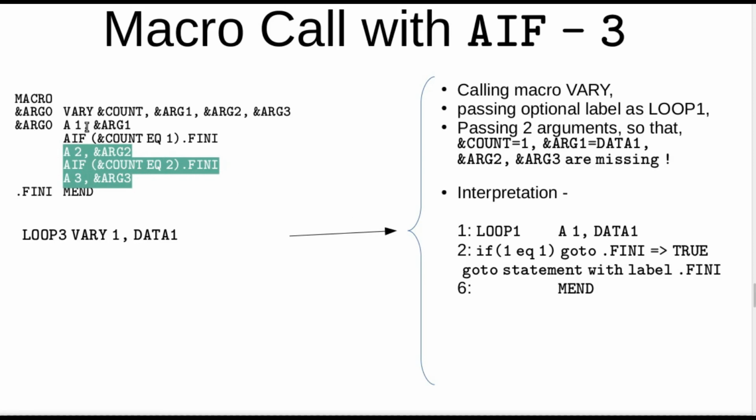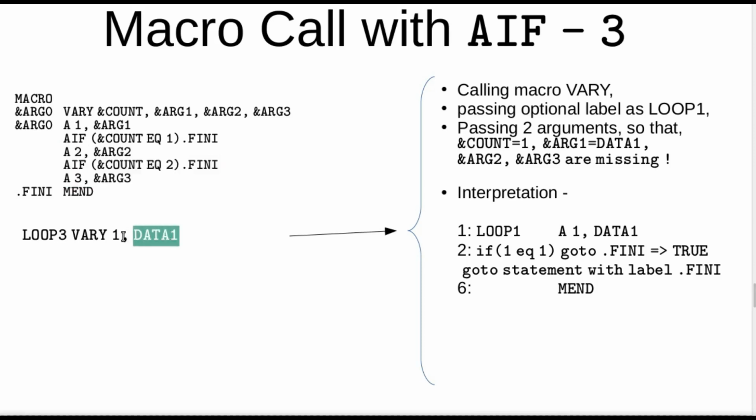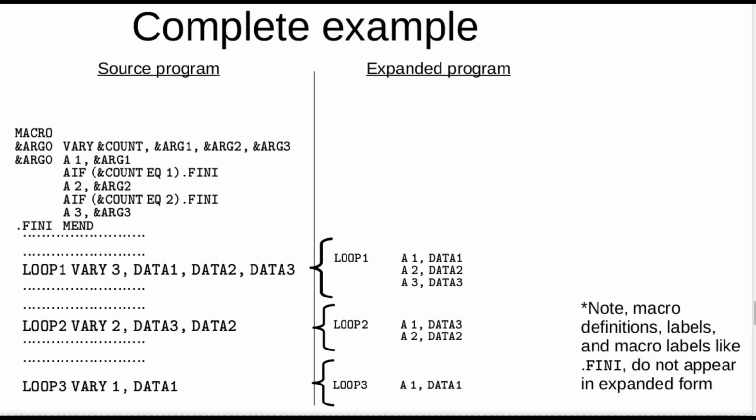We simply went through the first instruction by using data 1, and since we had manipulated the value of count by setting it to 1, we could simply branch out to the last instruction mend. Fine. So the conditional arguments enable us to do something specific. They enable us to make out general forms as per our requirement from the same set of macro definitions, right?